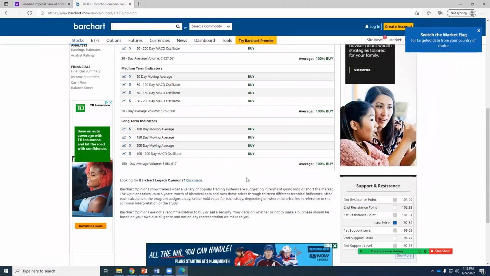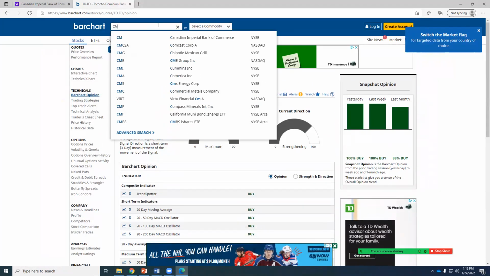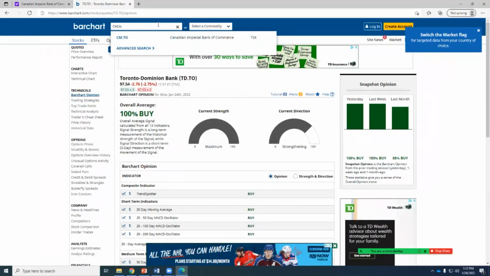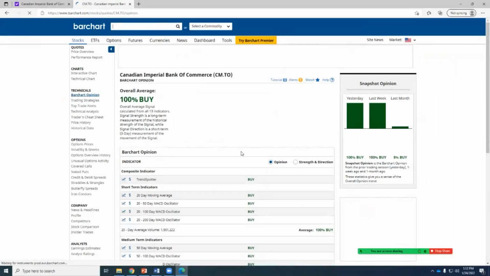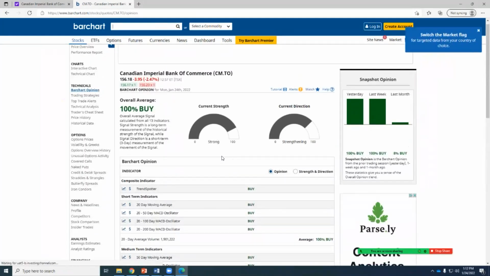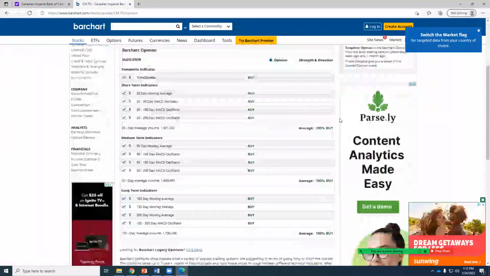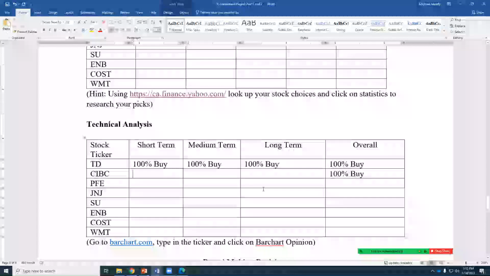Then the next one I want to look at is CIBC, and I know it's CM. I'm going to make sure I put that .to in there. Okay, so it's going to say overall 100% buy. Short term. Okay, so they're all 100% buys.